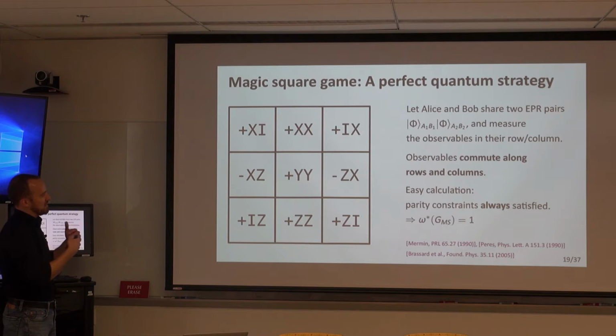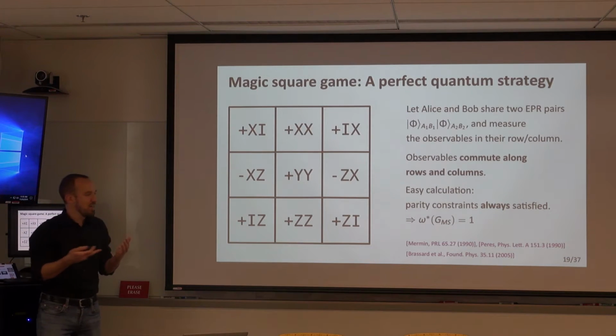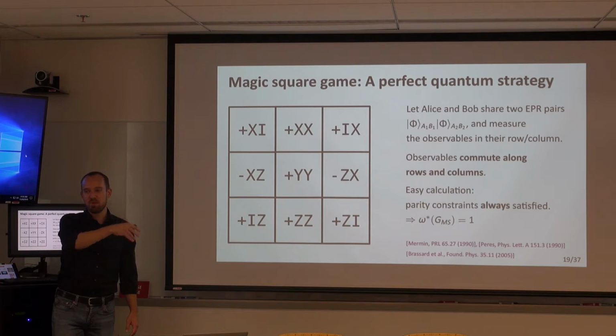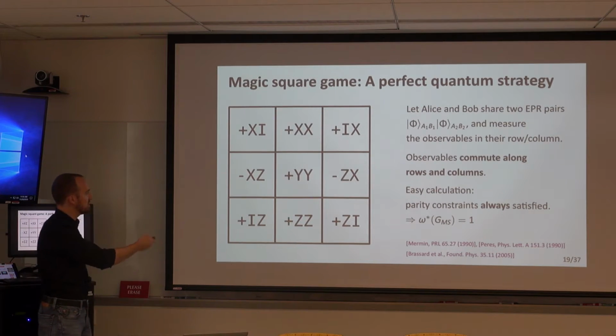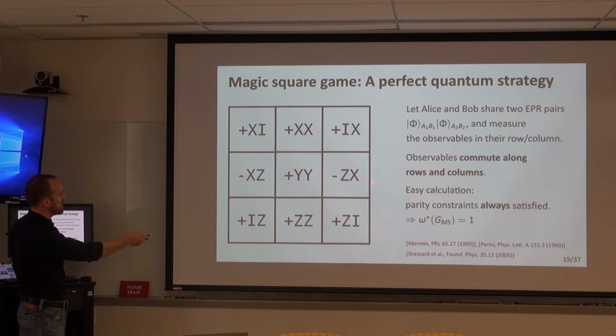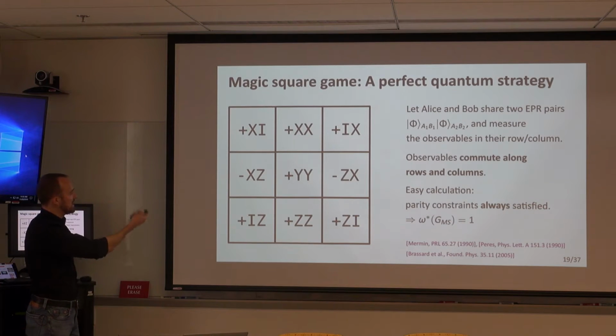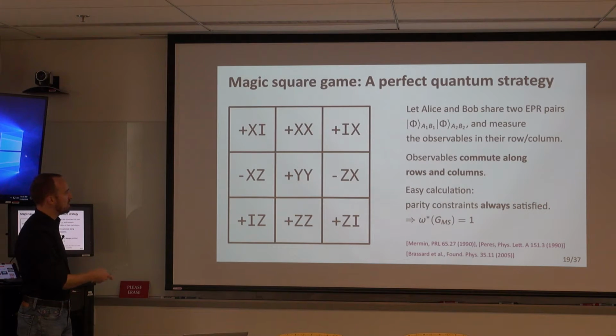And the cool thing about this is that it's easy to calculate that these choices of observables always produce the right parity constraints. So if Alice measures along the second row, for example, this will yield a string with even parity. And the same for Bob, just with odd parity along the columns.